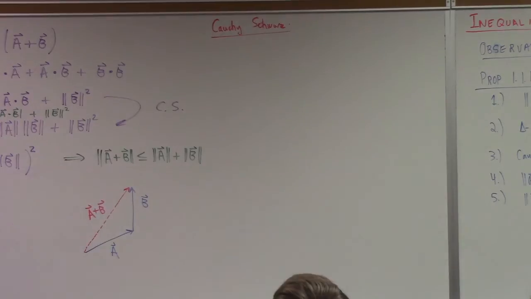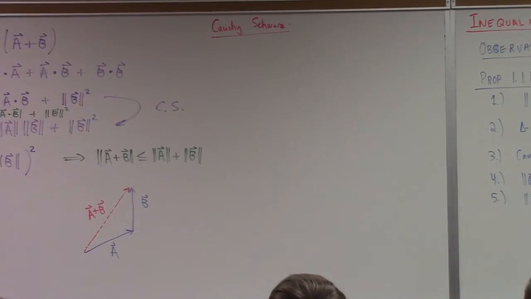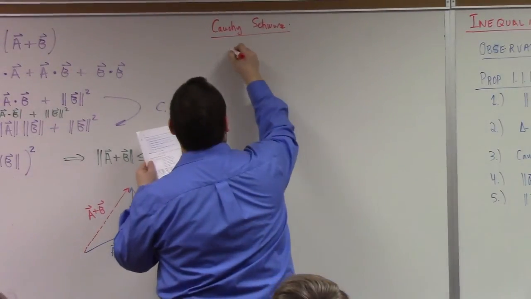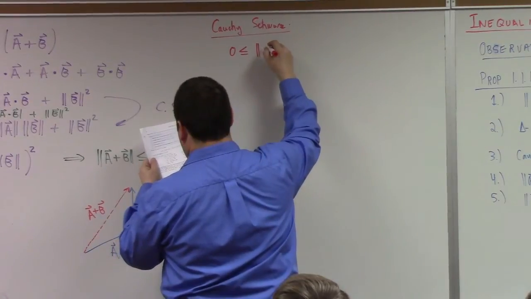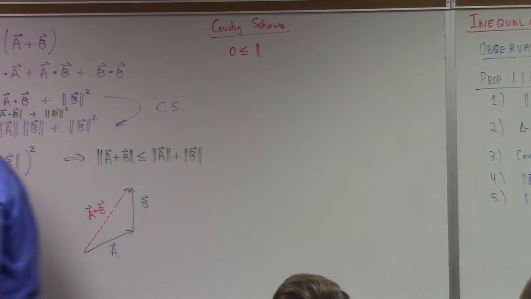So here I have a sneaky little argument I'll share with you that I found 2 years ago. So here's how it goes. 0 less than or equal to the norm of, well, let me just, a second here.